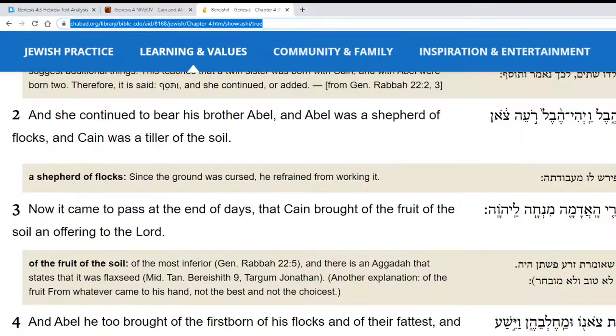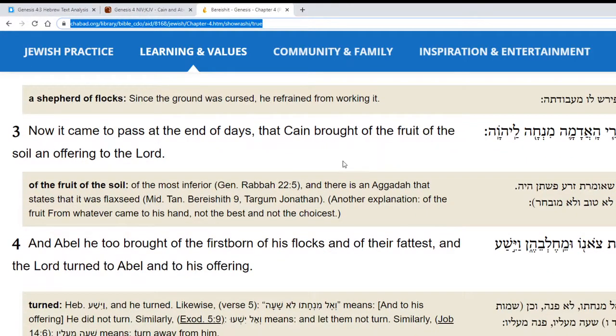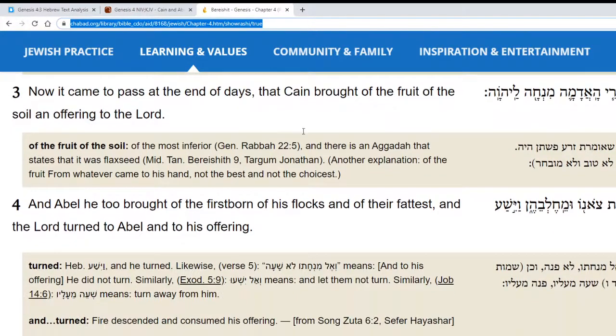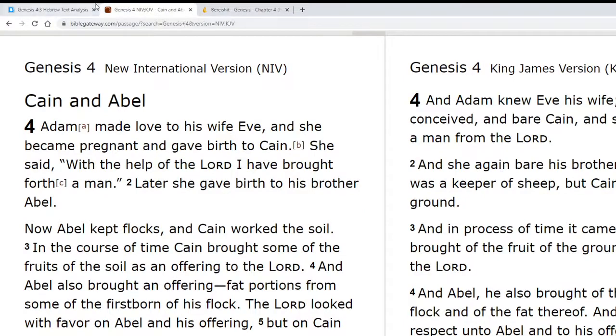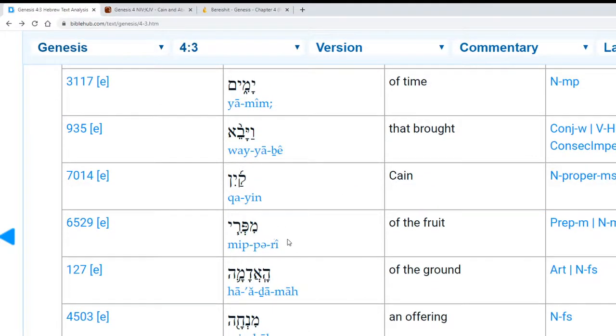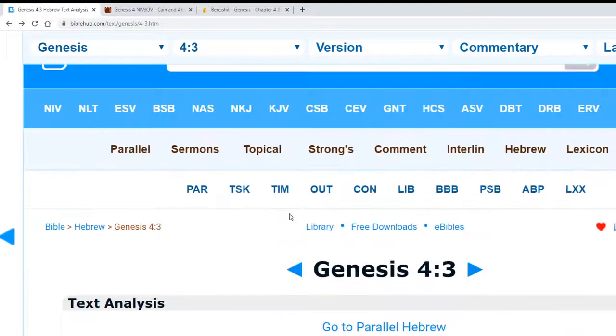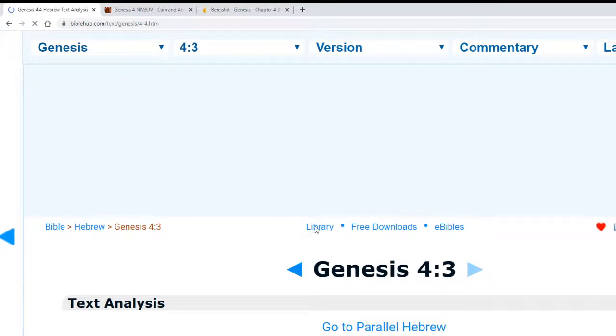You can read there. So the way the NIV reads mi pri, from the fruits, right? They're reading that prepositional mem in a critical way of what Cain did.